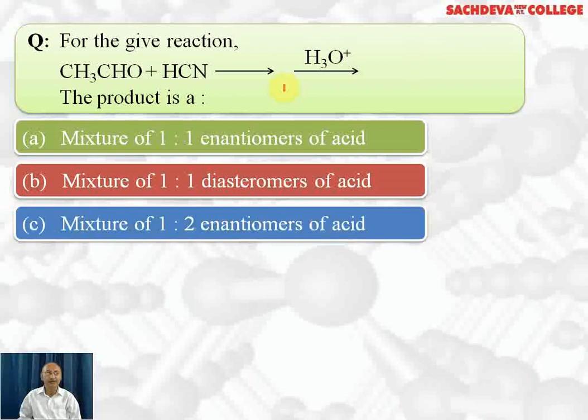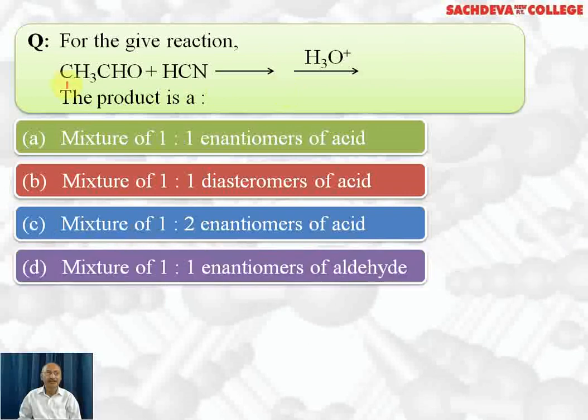Because the aldehyde carbon is sp2 hybridized, cyanide ion has equal probability of attacking from either side. So you will get two enantiomers in equal amounts, a 1:1 mixture. That is, a racemic mixture of lactic acid will be formed: 50% dextrorotatory and 50% levorotatory.